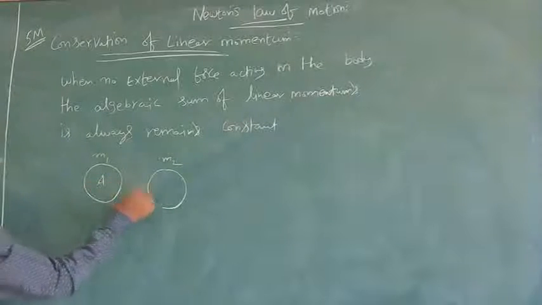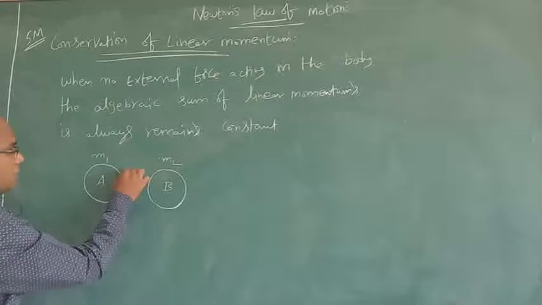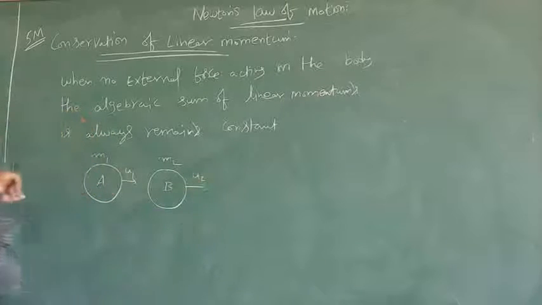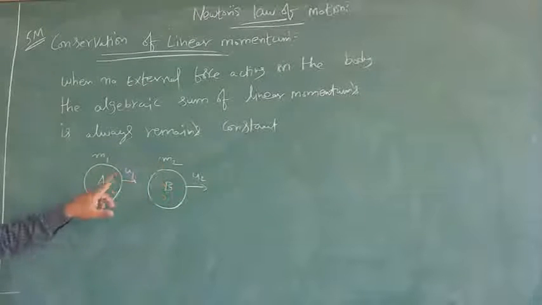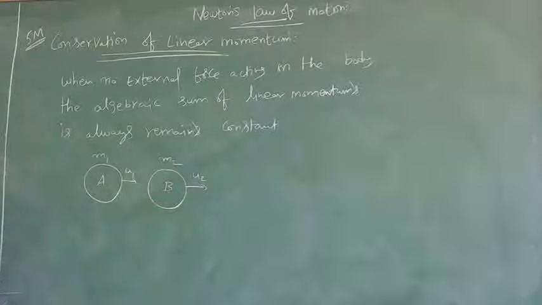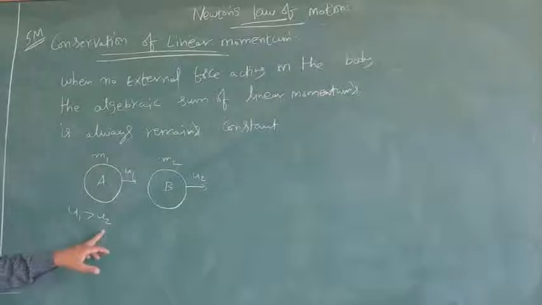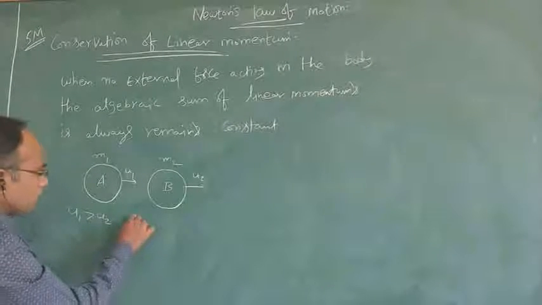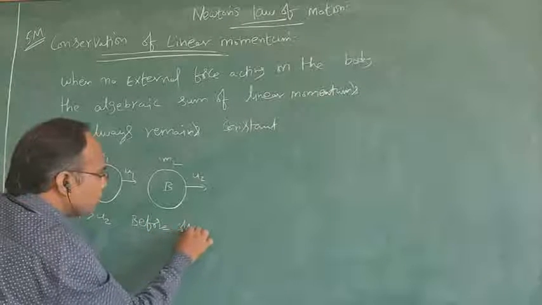I am naming them A and B. They are moving with initial velocities u1 and u2. The initial velocity u1 is greater than u2. Now when they are moving like this, we can say that it is before collision.